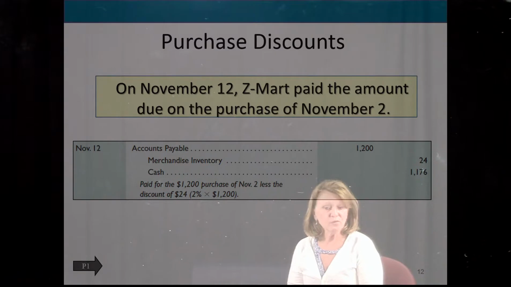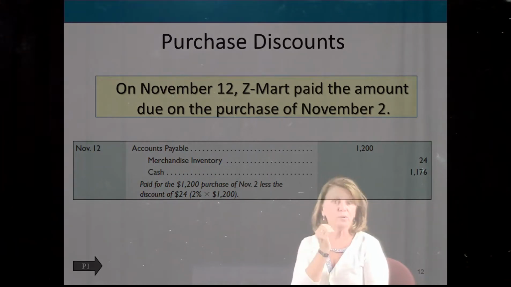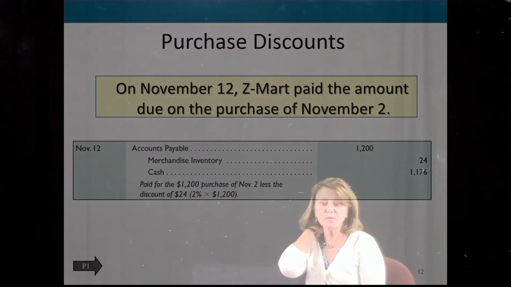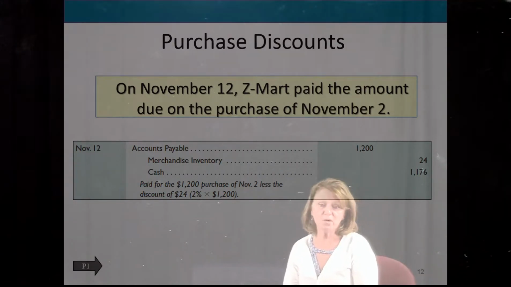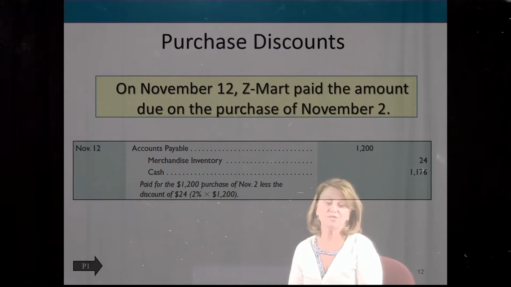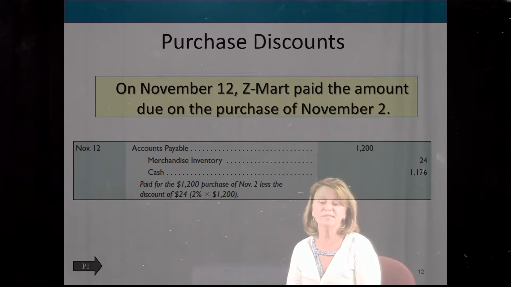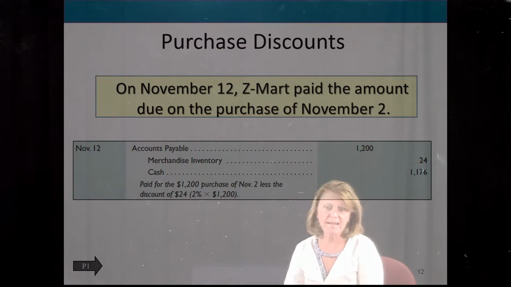You take the $24, the 2%, that merchandise inventory, where we've reduced it, we've reduced the cost of our merchandise. So we credited merchandise inventory by 2%, which is $24, and we paid it with cash. Cash was just $1,176.